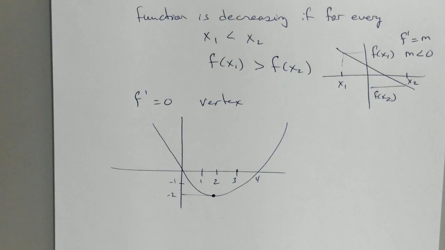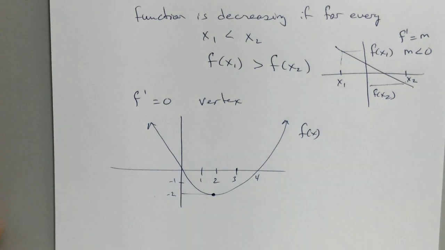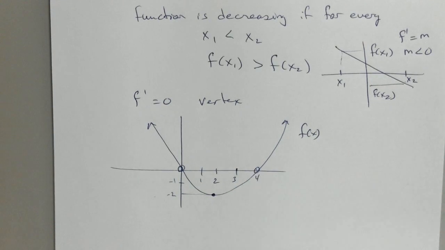If you had this graph, this is f of x, the graph of f of x. Algebraically, what can we find from our algebra courses? Find the intercepts.